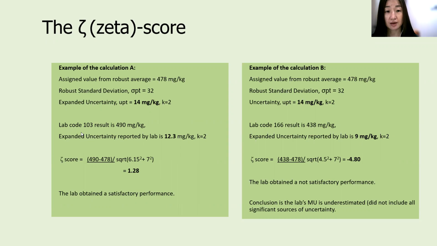Lab 103, with a 1.28 zeta score, means satisfactory performance, so the lab's declared uncertainty is valid. Whereas lab code 166 has unsatisfactory performance. Maybe the lab's MU is underestimated and does not include all the significant sources of uncertainty.